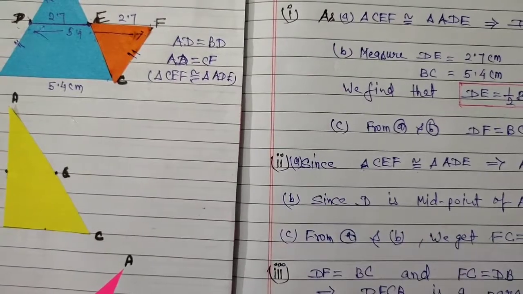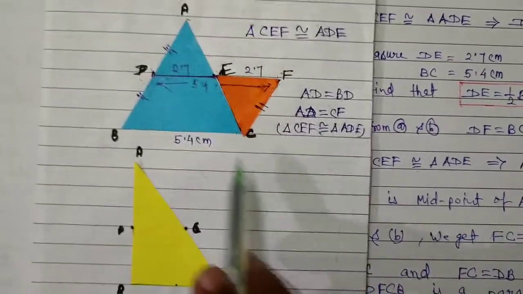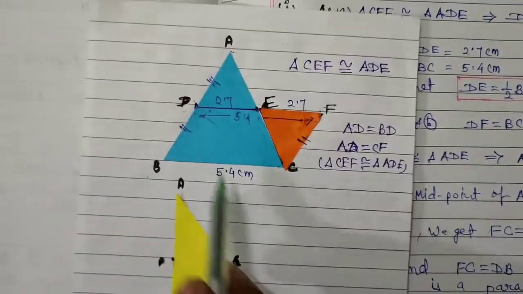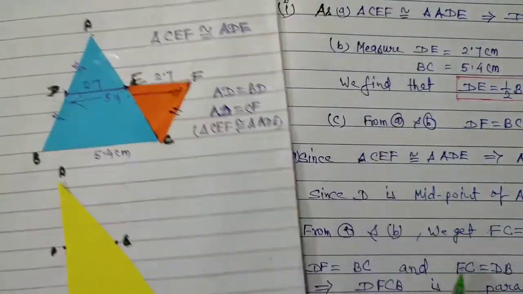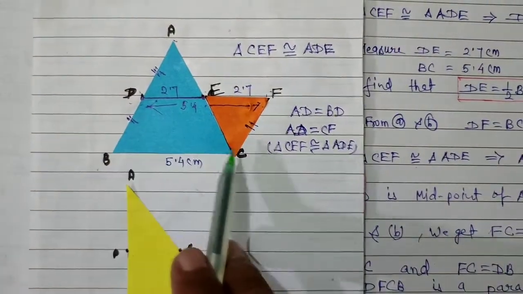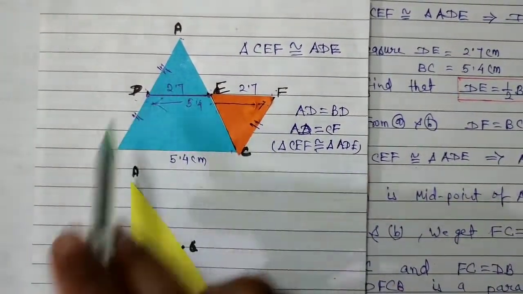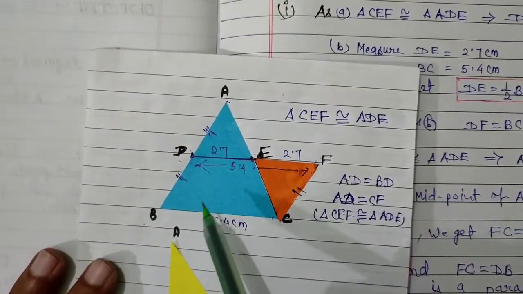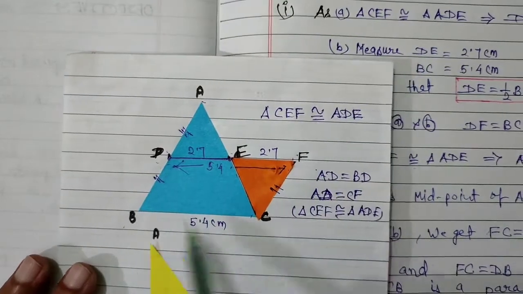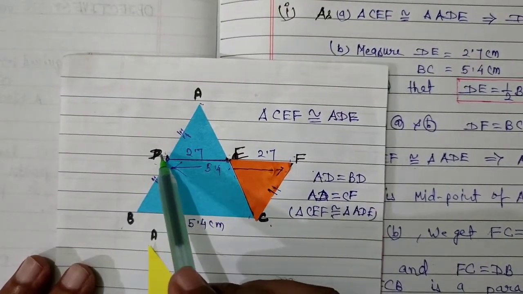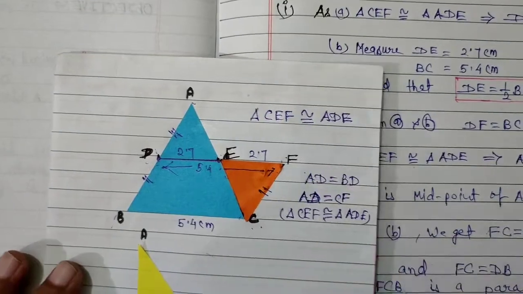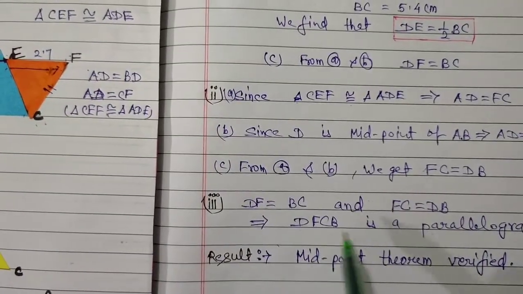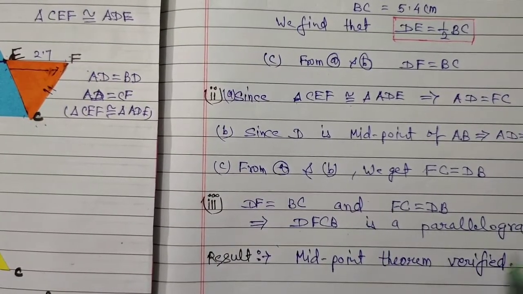Since D is midpoint of AB, AD is DB, as I have shown you here. AD is equal to DB. So we got FC or CF is equal to BD. Now you can observe easily that DF is equal to BC and BD is equal to CF. So DFBC is a parallelogram.